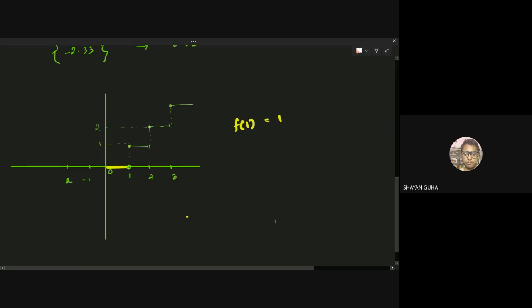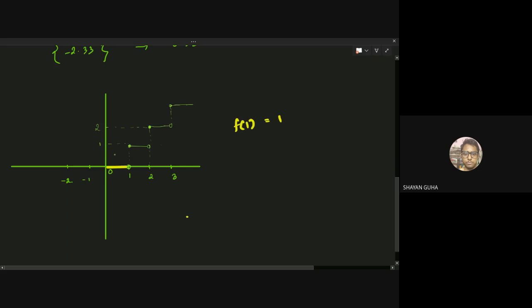It might also be like this, then here we have a point, then like this. So it can be of many shapes, but this is the simplest one. So this is my box function.